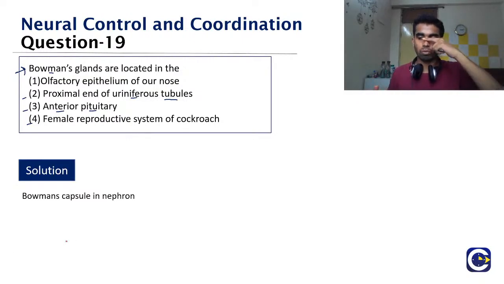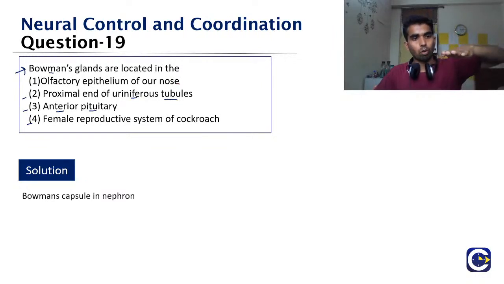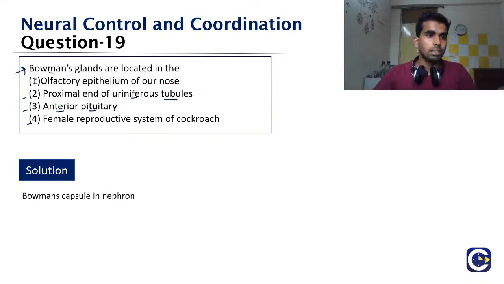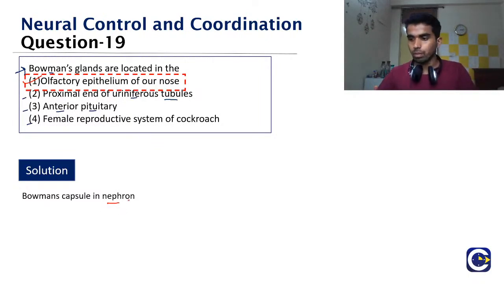It is present at the tip of the nose, where the olfactory nerve forms a sheet-like area, and it will sense all the things that you are taking inside the nose. So the correct answer is option 1, that is olfactory epithelium. Students confuse it with Bowman's capsule, which is present in the nephron. It is the initial part of the nephron, as you all know.